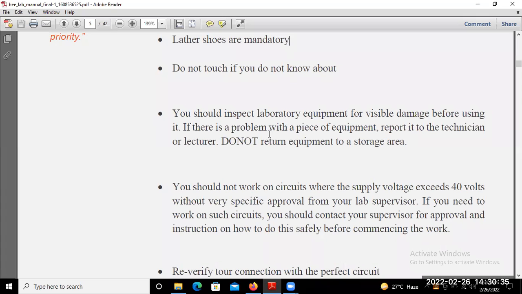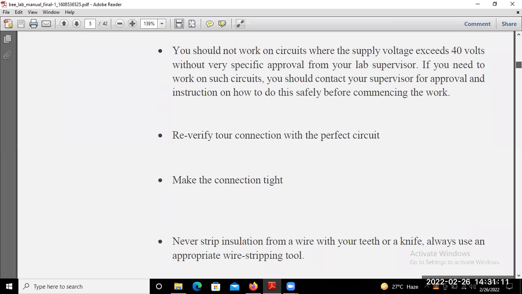From this point, you should be more careful. Until you verify the circuit diagram connection, it is very harmful for the equipment as well as for the person performing the experiment.